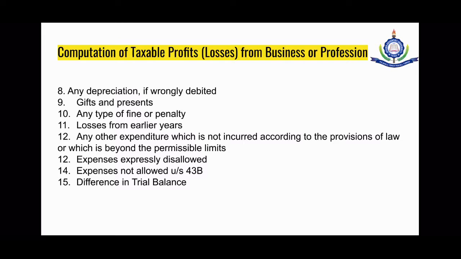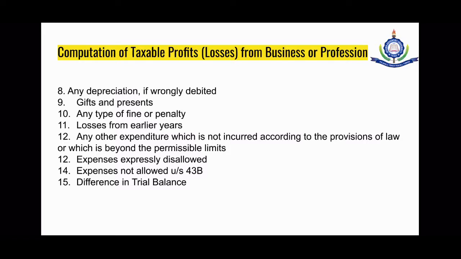of fine or penalty, losses from earlier years, any other expenditure which is not incurred according to the provisions of law or which is beyond the permissible limits, expenses expressly disallowed, expenses not allowed under section 43B, and difference in trial balance.